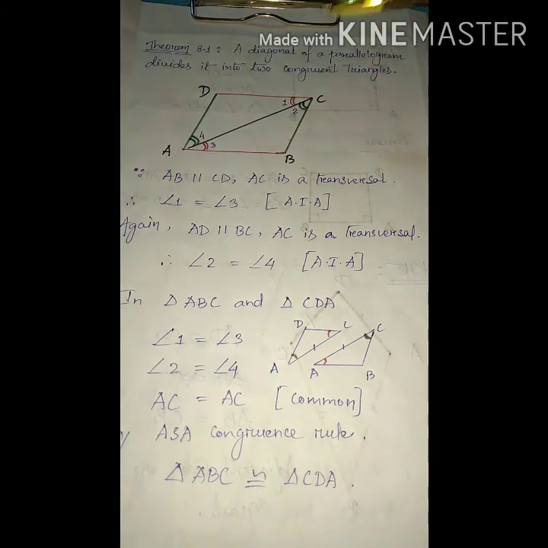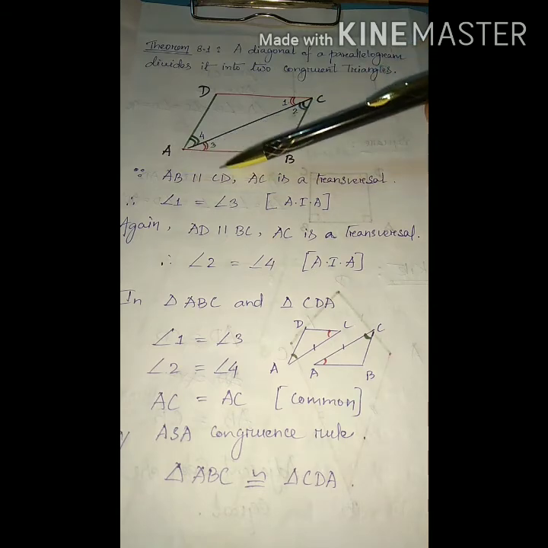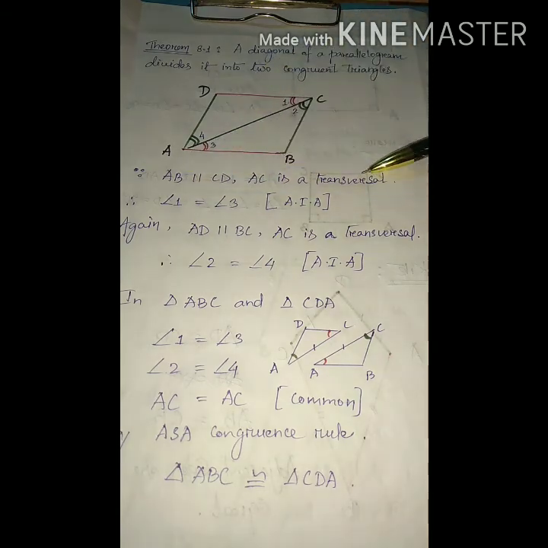If AC is a transversal, then this angle, which we represent here as angle 1, is equal to angle 3. The reason is alternate interior angles. So here we first write: AB is parallel to CD, AC is a transversal, so angle 1 is equal to angle 3.